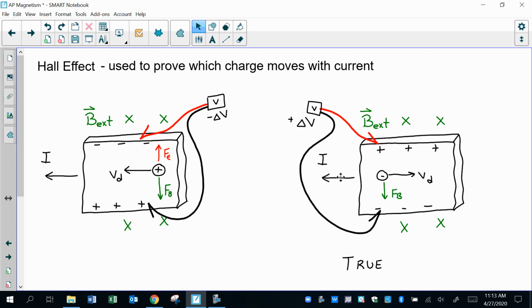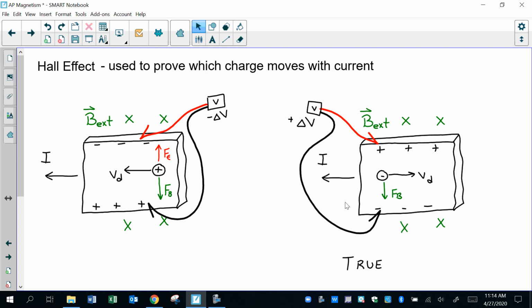Here, current is still going to the left, but it's caused by negatives going to the right instead. Okay, everybody, right-hand rule, fingertips still going in. Now my thumb is pointing to the right. Your palm points to the top, but it's a negative. So if my palm faces up, a negative gets pushed down. The negatives get pushed down to the bottom as they slowly move.